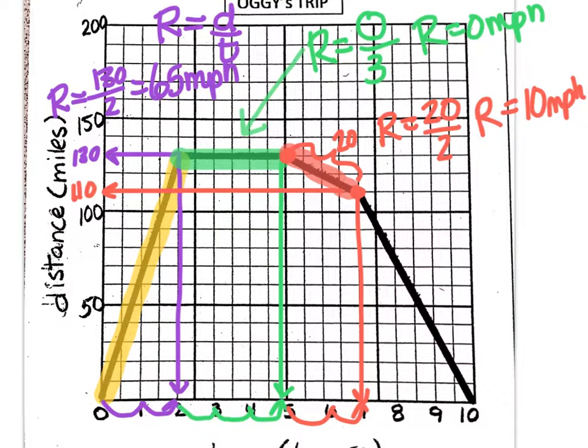Now looking at our last piece, is our last leg of the trip. Okay, and it's from 110 miles. So we know that this started at 110 miles and we finished back here at 0. So this entire trip was 110 miles long.